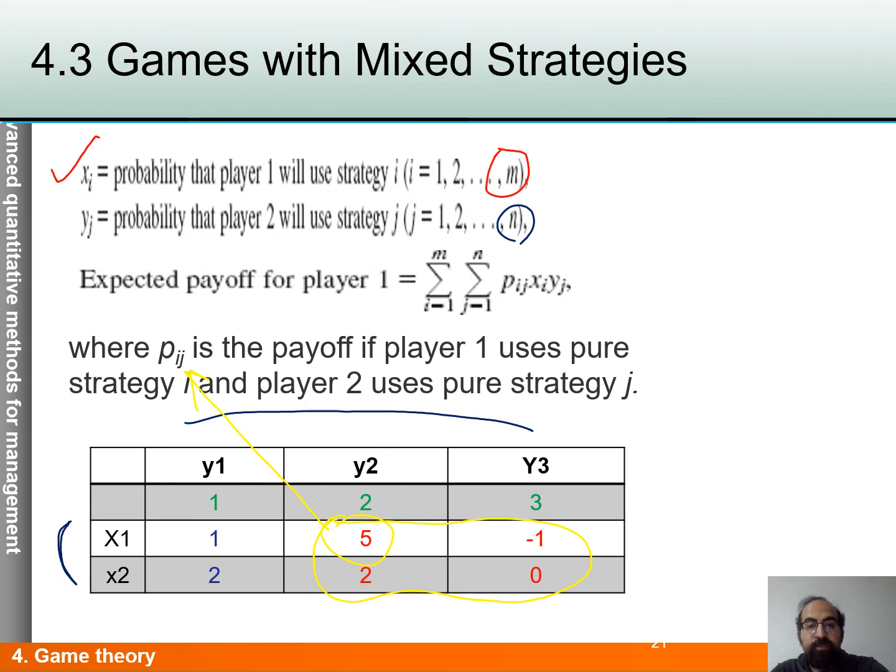For example, this 5 is P12, and the combination of these elements with the probabilities forms this formula, which is the expected payoff for player 1 for all these four elements, as an example in this payoff table.